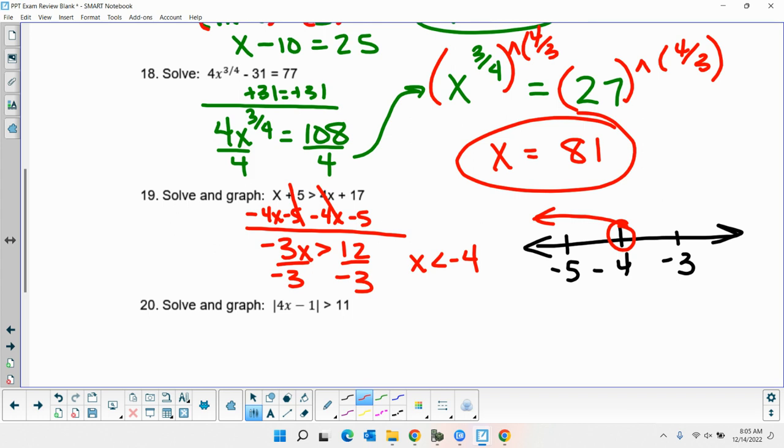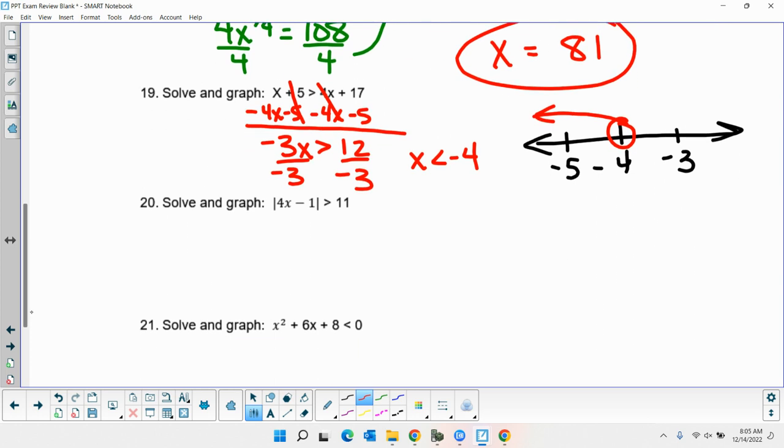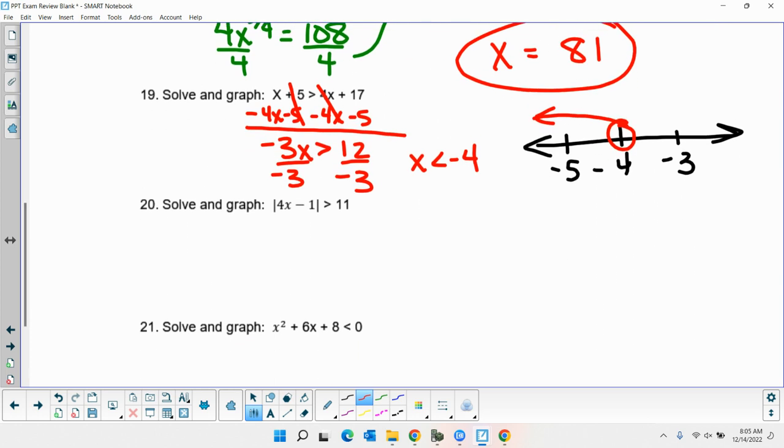Okay, number 20 is an absolute value. So there's two problems. So we got to remember the two problems. All right, 4x minus 1 greater than 11, or when it's greater, it's an or. When it's less than, we call it an and.